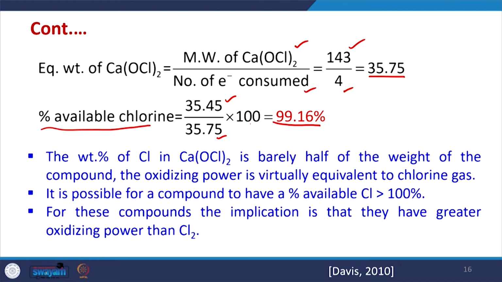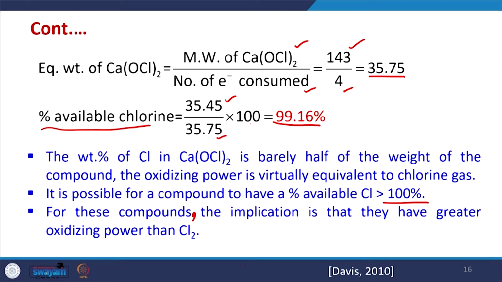So, it is possible for a compound to have a percentage available chlorine greater than 100%, or nearly equal to 100%, and for these compounds the implication is that they have very high oxidizing power in comparison to Cl2 itself.